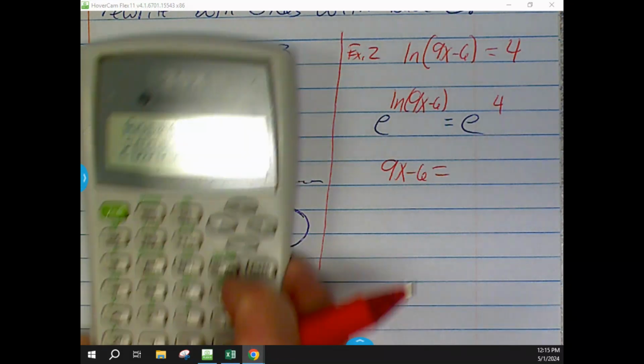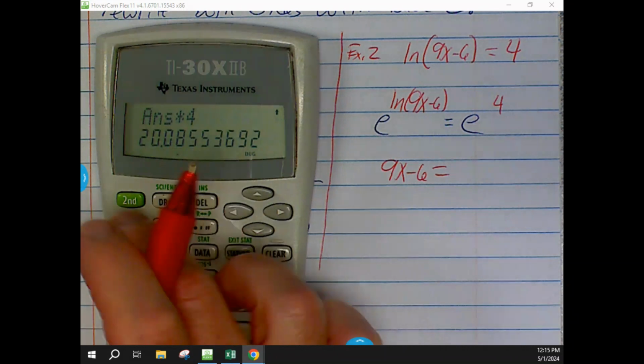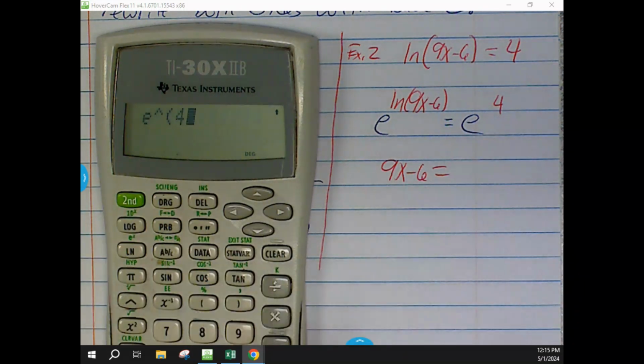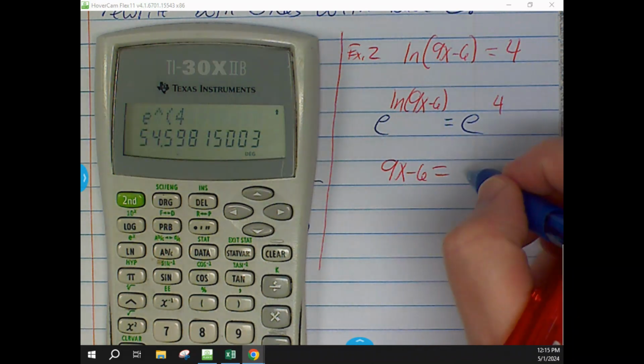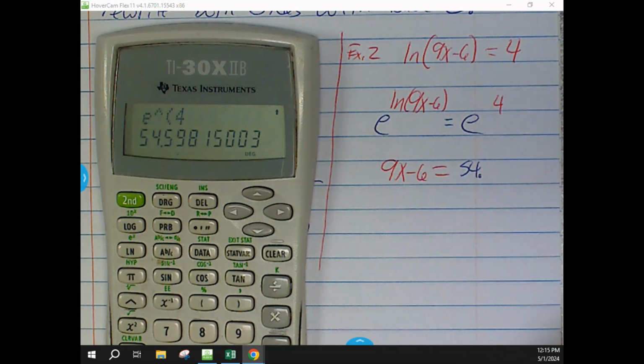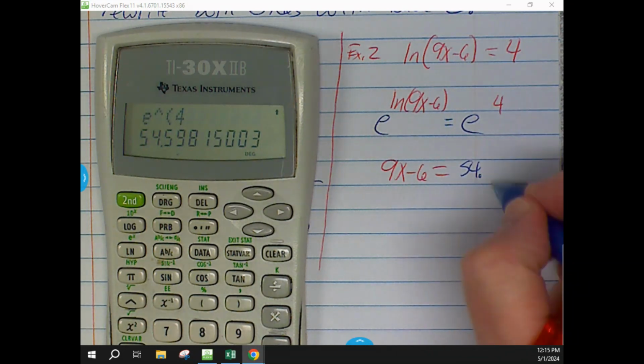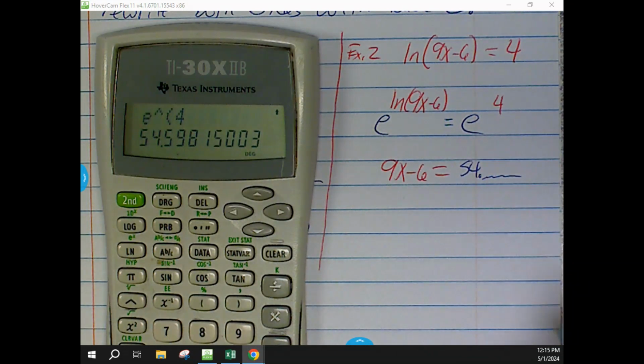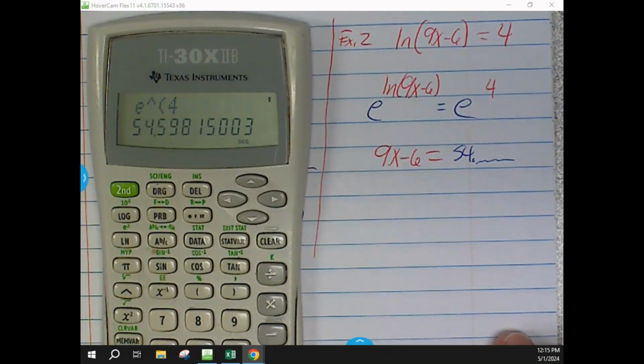We're going to go ahead and do e to the 4th. So we got second, e to the 4th. That's that number, right? Now, here's what you can do. If you're working these out and you don't want to write everything out, just put down what this number is. If you want to put 54 point, we've got 54 point, all this other stuff back there.